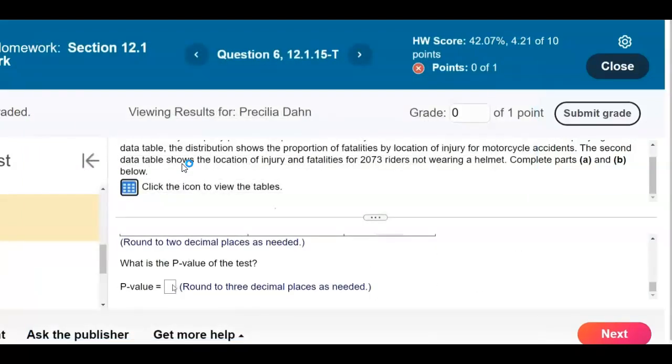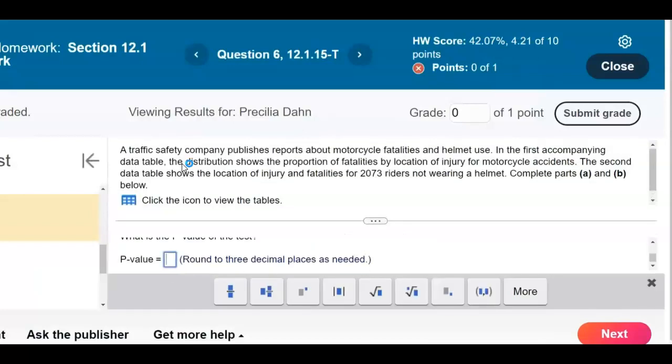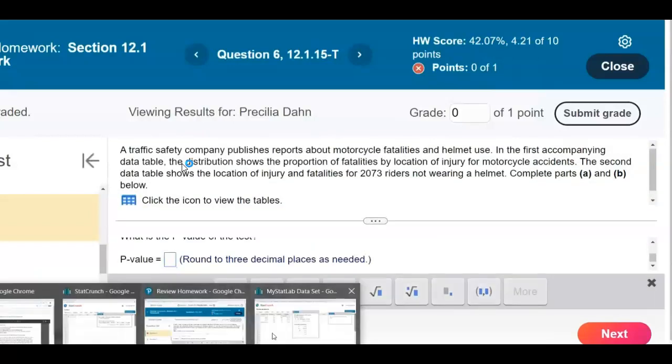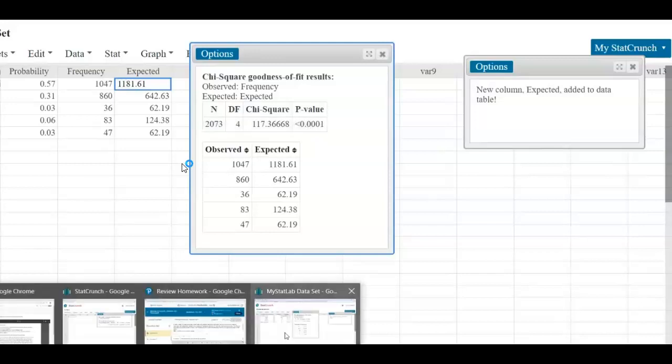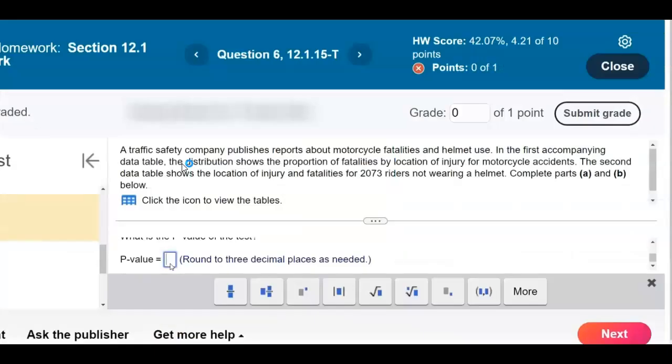And so the p-value of the test was what I found here. The p-value is less than 0.0001. It says round to 3 decimal places, so that's just 0.000.